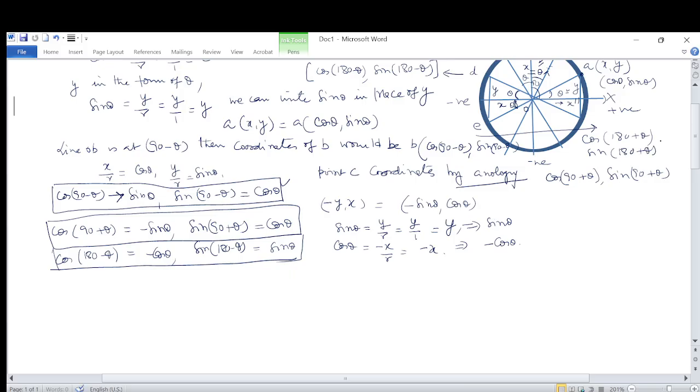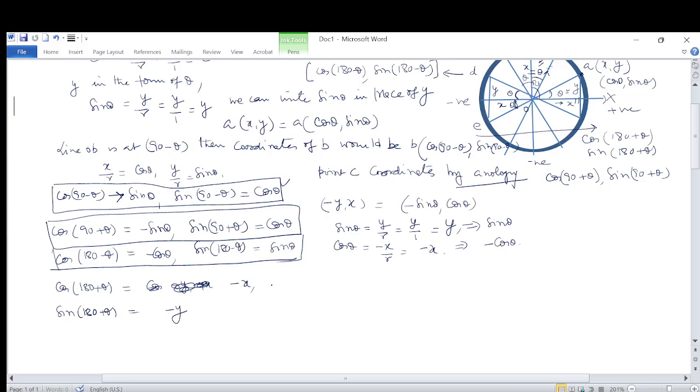The initial coordinates of this point E is this. Now come to this point. Theta is here. This x is this line which is on the negative side, and y is also on the negative side. So what will happen? Very simple. Cos 180 plus theta is minus x, and sine 180 plus theta is again minus y.